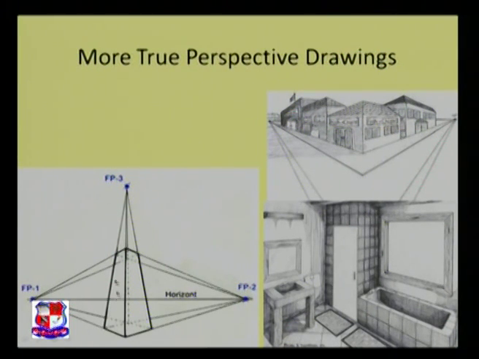Over here this projection has been taken with three vanishing points, and over here it's only one vanishing point, so it looks clear. But if we have more vanishing points, then it can be much more detailed.